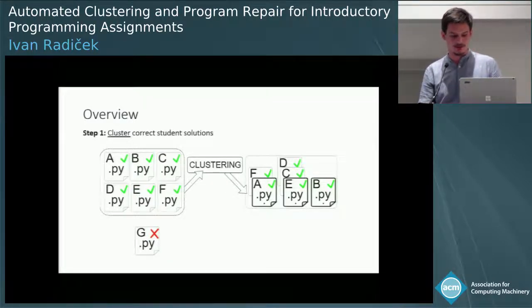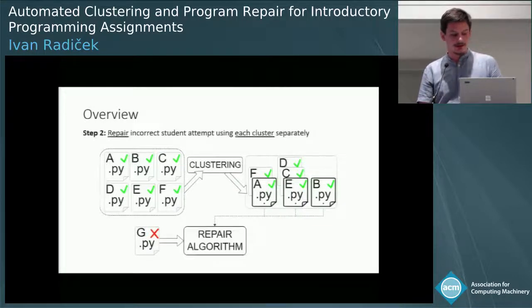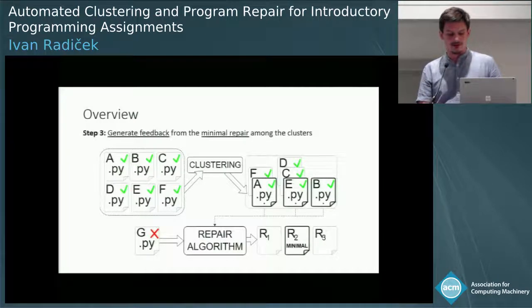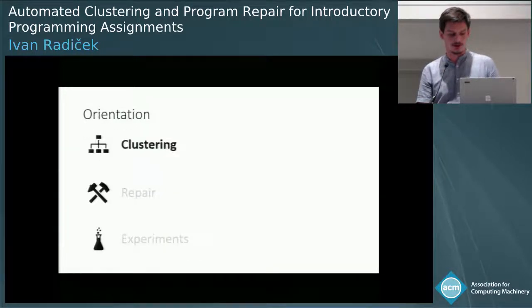The next step is to use these clusters to repair the student's incorrect attempt, by taking each cluster separately and running the repair algorithm on a cluster and the incorrect attempt, which gives us repairs for each cluster, among which we pick the smallest one and generate feedback from this minimal repair.